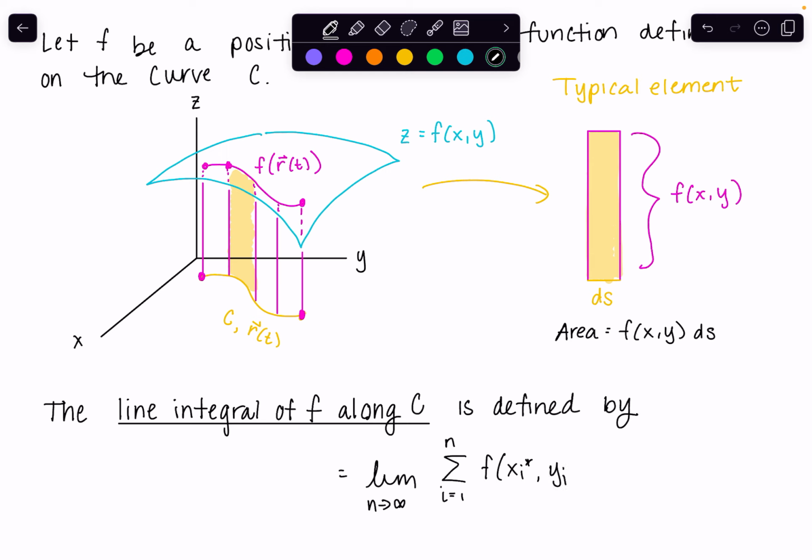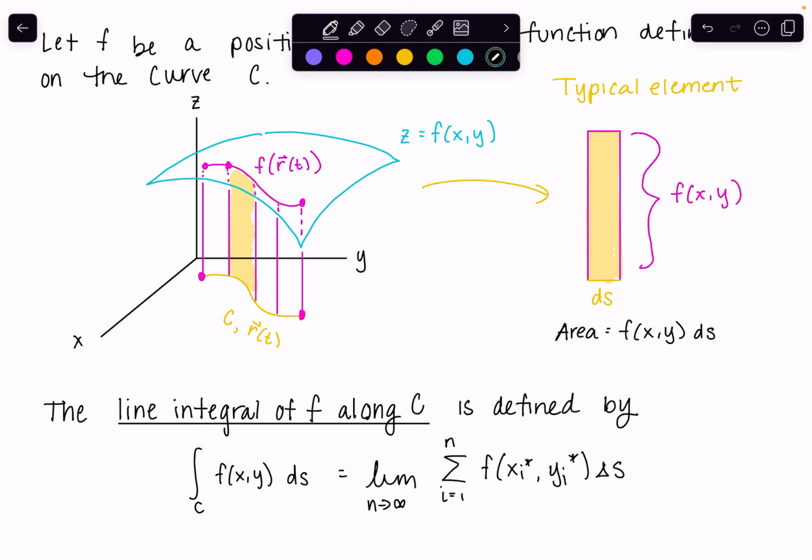That point doesn't matter. And then that change in the arc length. So this turns into an integral. The function is on the inside. You're integrating with respect to the arc length, and that's the thing that's hard, over this curve C.